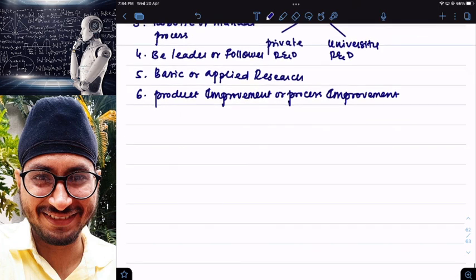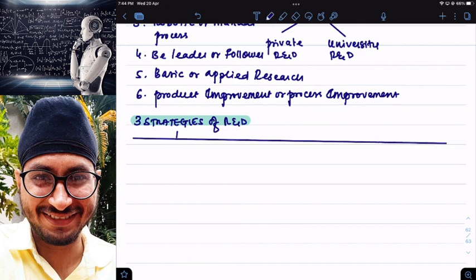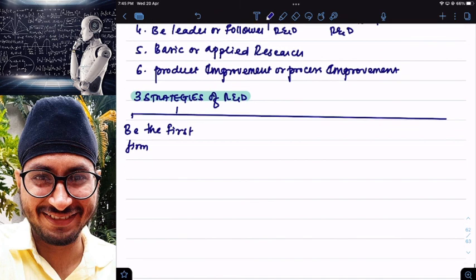Now, sir, in R&D there are 3 strategies of research and development. What are those 3 strategies? Number one, be the first firm to market new technology, meaning be the first company to launch a new technology.